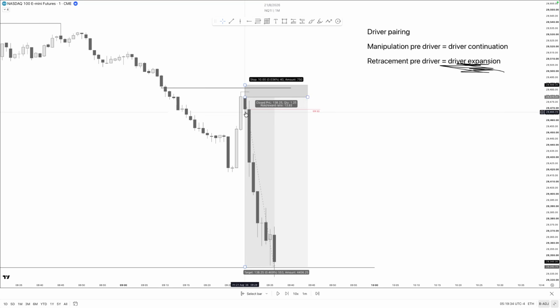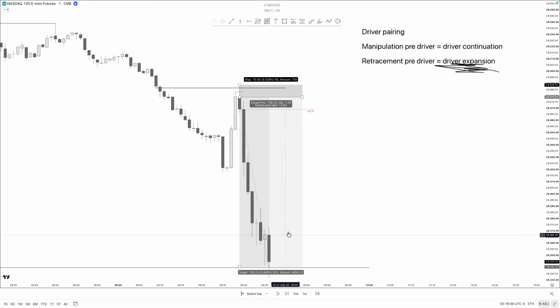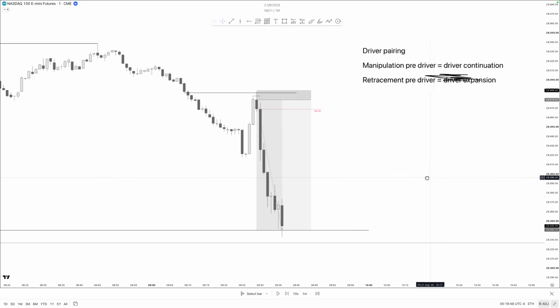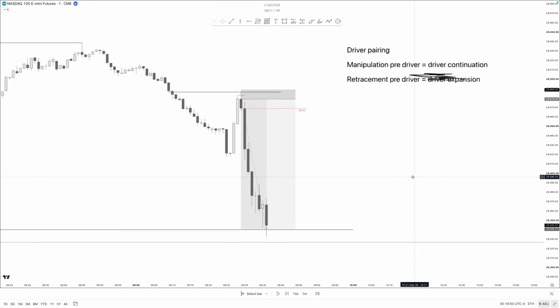We see displacement already before the open, and then of course we see that driver continuation on the higher time frame and the immediate expansion on the lower time frame aligned. 9:30 opens up, and then we see the delivery. People often get confused about how you can actually trade pre-market open, but this is more than valid for me.